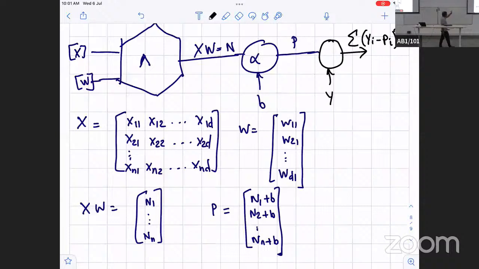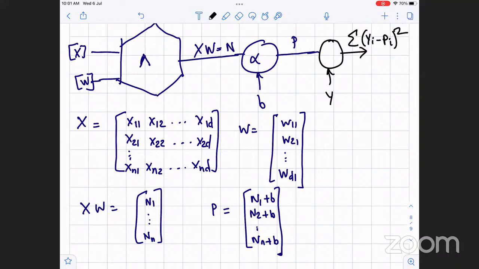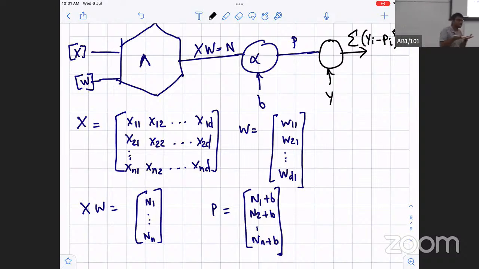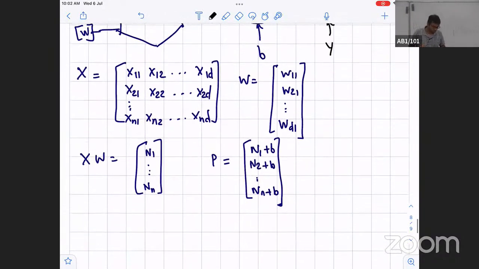That gives you predictions P1 to PN, and you compare that with Y, which is your training data, and you get the loss. So is the forward pass clear? The forward pass either has some parameter or it does not. If it has a parameter, it operates with that parameter, passes the result to the next neuron, which does some operation and passes it on, and finally the loss is computed at the end. So now the forward pass, I hope, is okay.